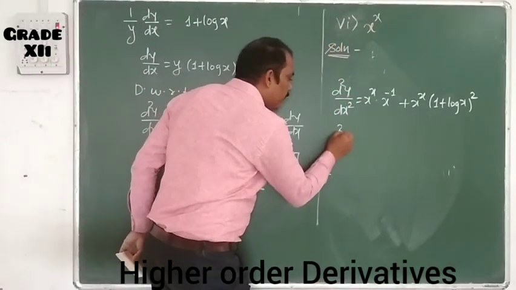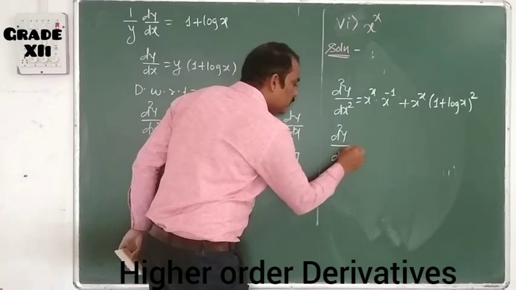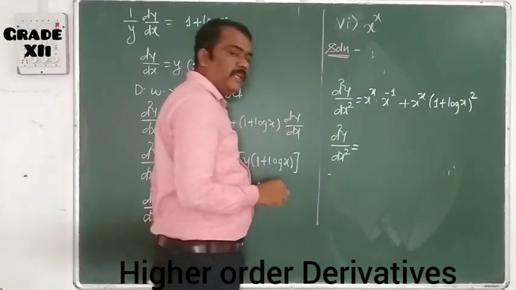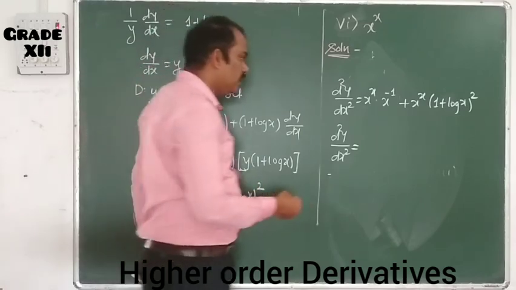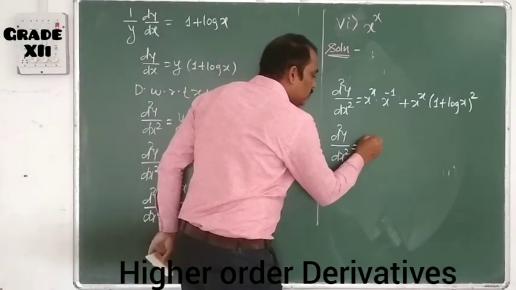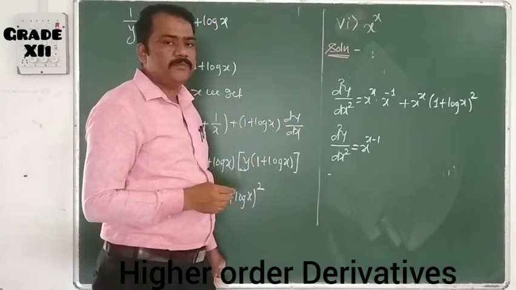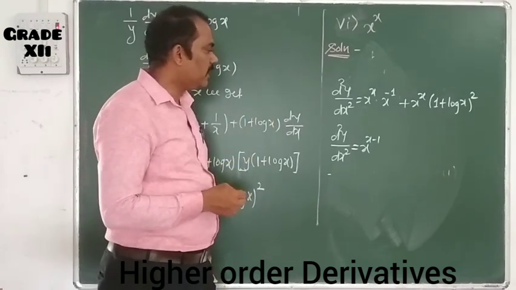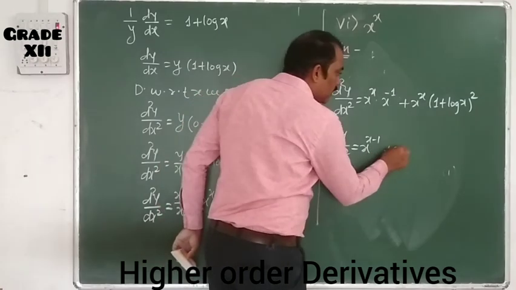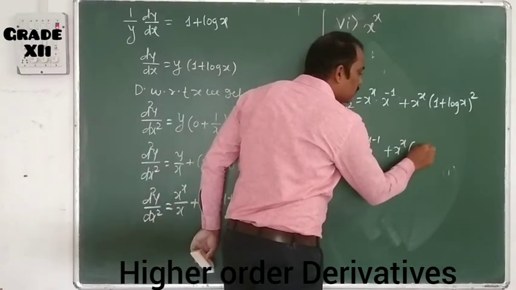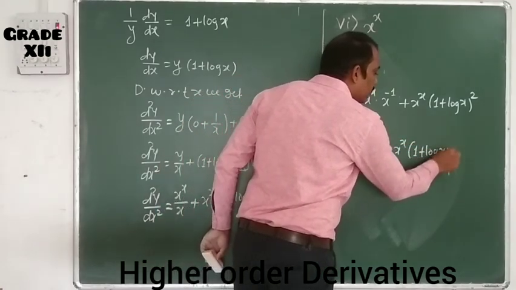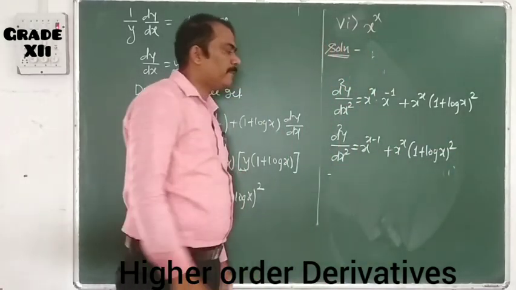That is, d2y by dx square is equal to, by using the laws of indices, the base is the same and the product is there, that is x raised to x minus 1, subtraction of the indices, so x raised to x minus 1 plus x raised to x into (1 plus log of x) whole square.